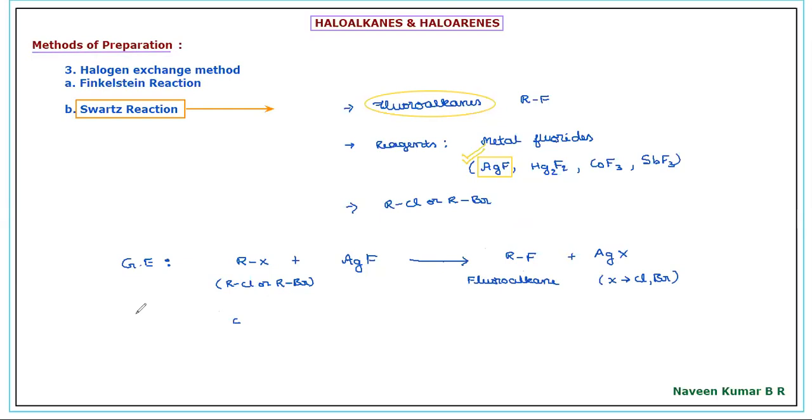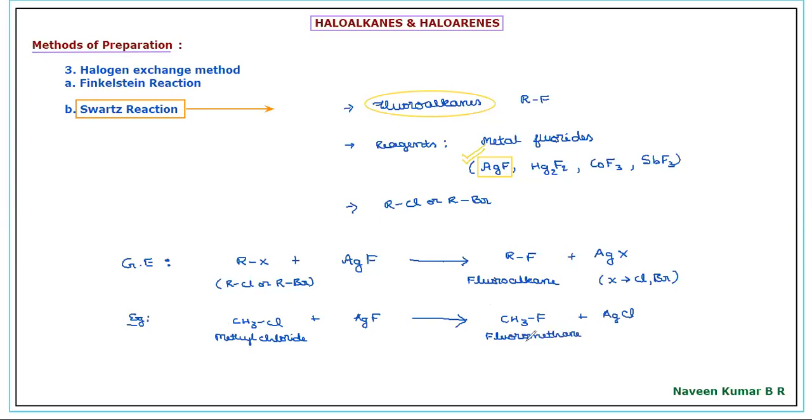We'll consider methyl chloride, CH3Cl. When methyl chloride or chloromethane is treated with the metal fluoride AgF, the halogen exchange reaction takes place, where chlorine is replaced by fluorine and silver chloride is obtained as a side product. So here the obtained alkyl halide is fluoromethane.